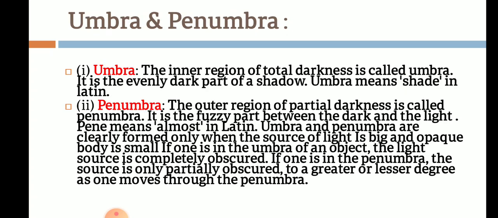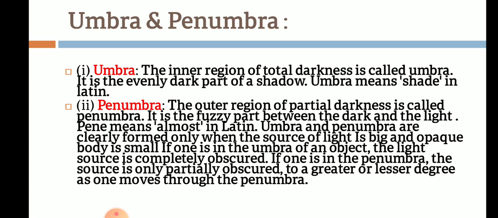Dear students, so we can define umbra as the inner region of total darkness, and it is the evenly dark part of a shadow. Umbra is derived from a Latin word that means shade. And penumbra is the outer region of partial darkness. It is a fuzzy part between the dark and the light.